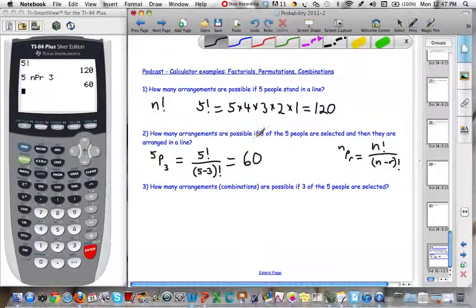arrangements that are possible. Okay, and then the third one, what we're dealing with in this particular case is a combination. Effectively, when we move from permutation to a combination, we are moving to an instance where order does not matter. And so it simply involves all the different possible selections of 3 people out of 5, all the different possible combinations that we could get.